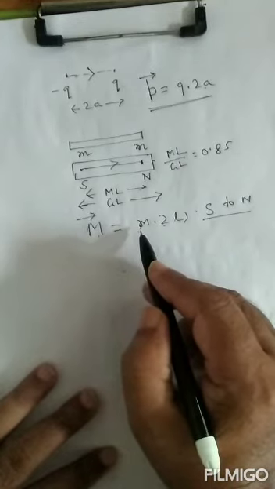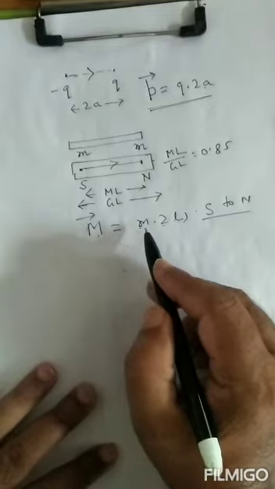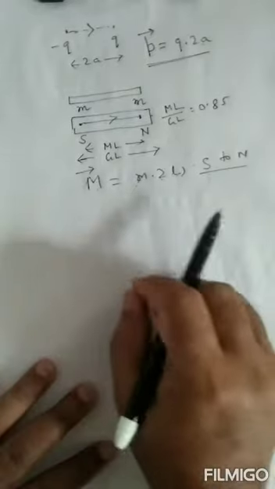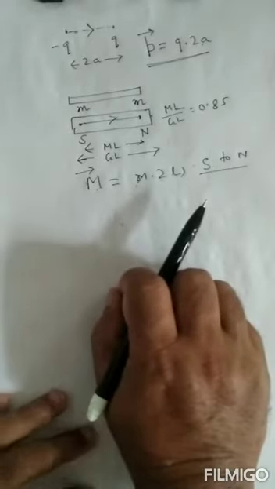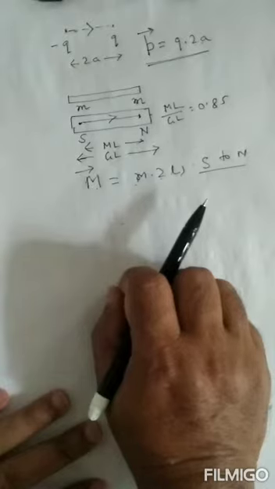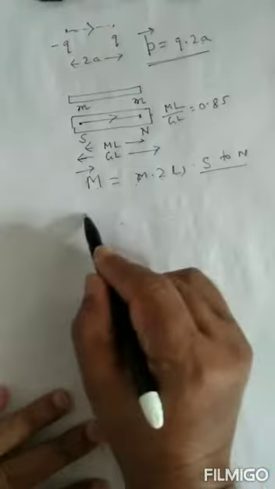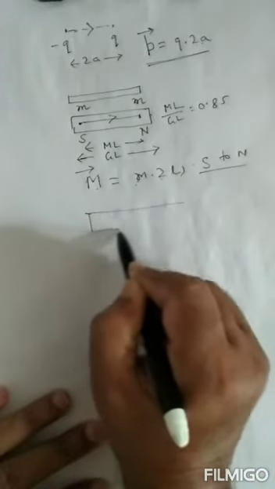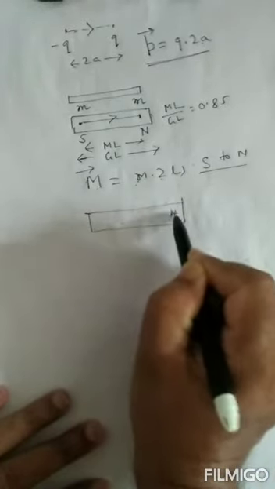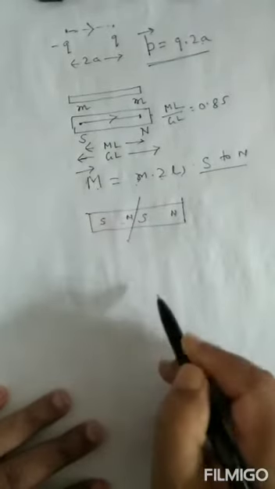Actually, the concept of pole is imaginary. Inside the magnet, we cannot exactly isolate the north pole and south pole. That is why the pole concept is said to be imaginary. If we cut a magnet, say this is the north pole and this is the south pole, and I cut the magnet here, then this piece has a south pole and this a north pole.